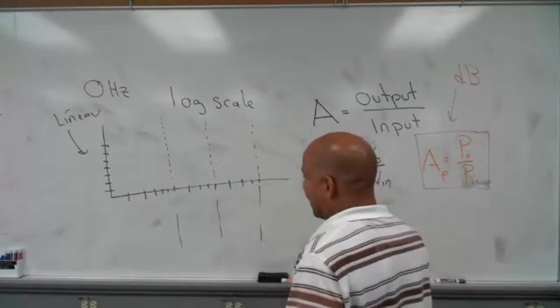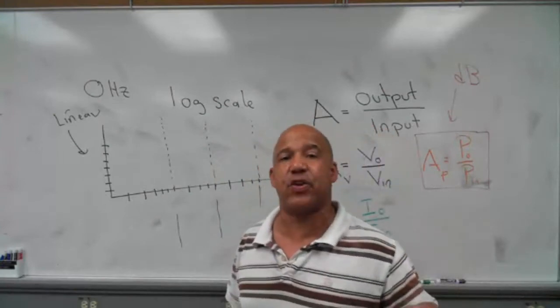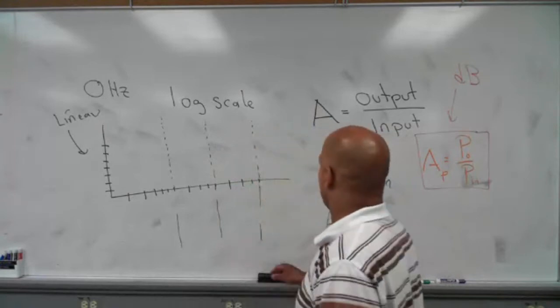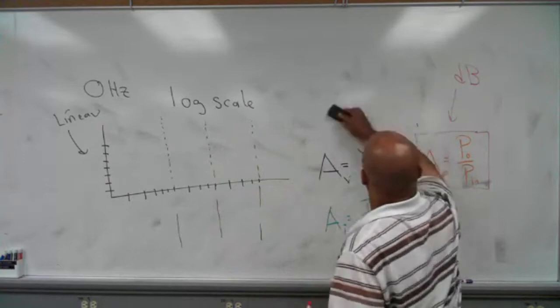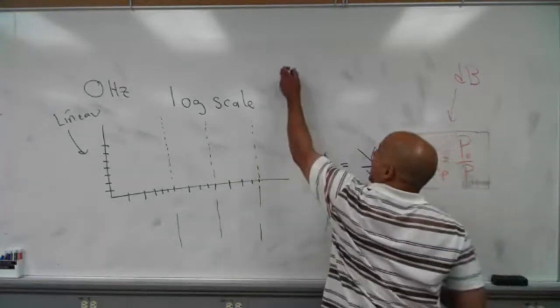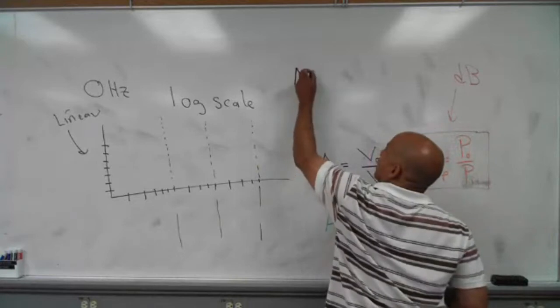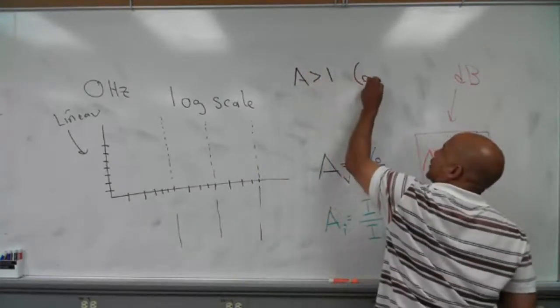So the gain can tell us if we have amplification or if we have something called attenuation. You can think of it like this: if I have a gain greater than 1, then I have amplification.